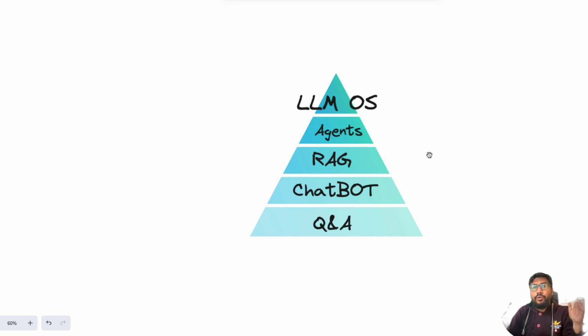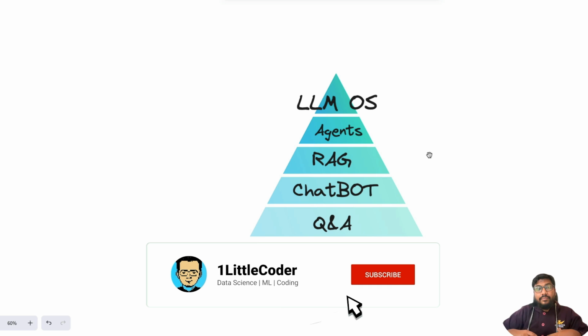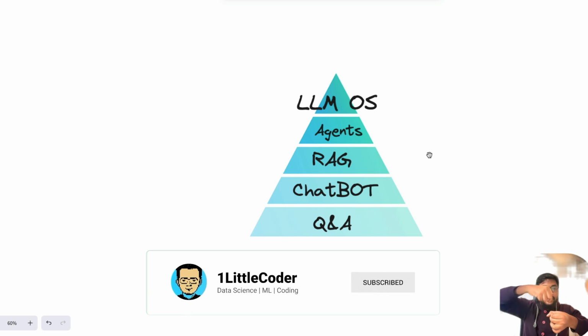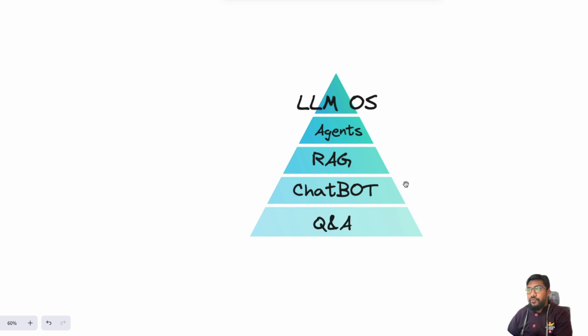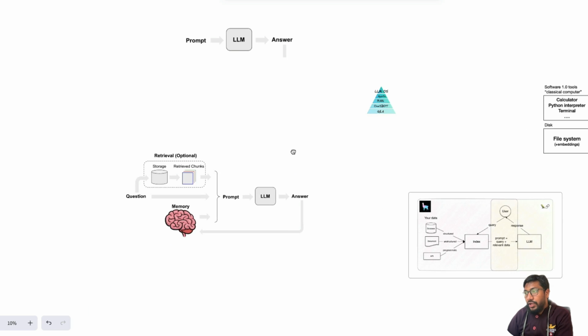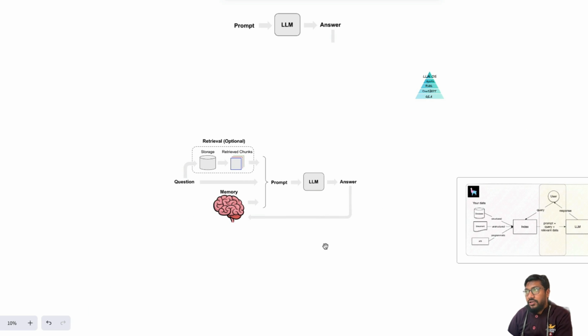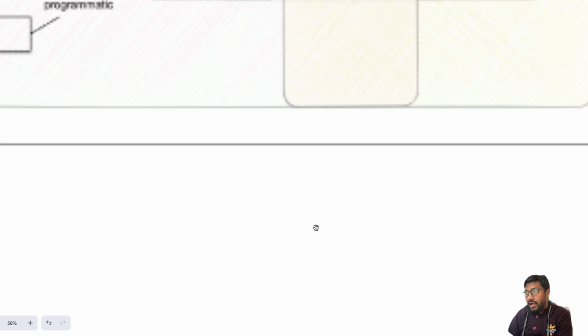And now at this point, you might have guessed it. First we had only prompt, 1 dimension. Second, we had short-term memory, 2 dimensions. Now we have external knowledge, which is 3 dimensions. So this LLM is at the center of 3 different things: prompt, short-term memory, and long-term memory. To make you understand this better, I'm going to take you to RAG.